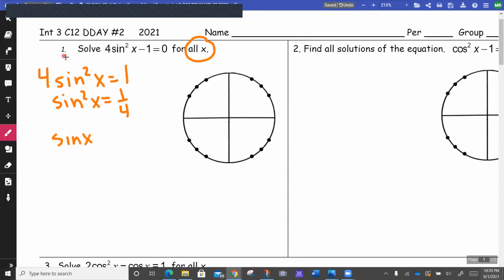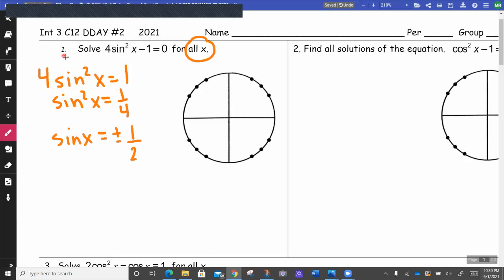So I get sine x is equal to, and when I take the square root, I get a positive and a negative. The square root of the numerator and the square root of the denominator. So the square root of 1 is 1, and the square root of 4 is 2. So I'm looking at a positive and negative 1/2. Now sine is your y.